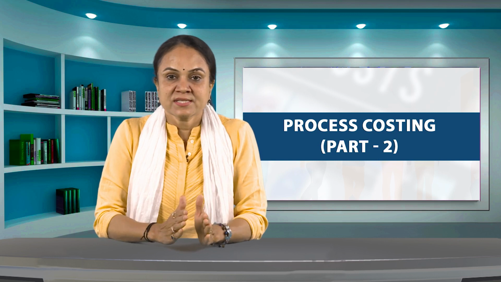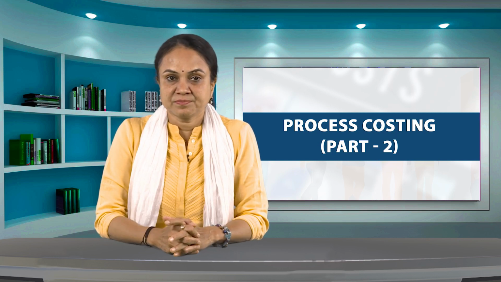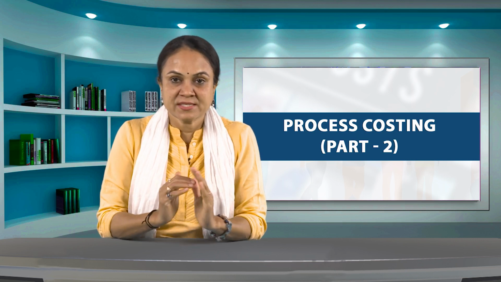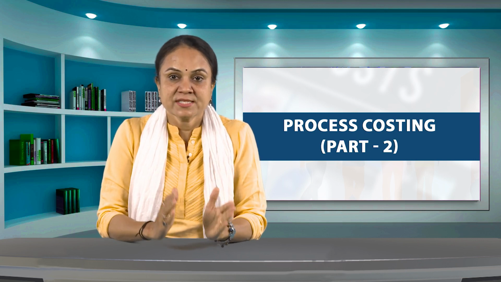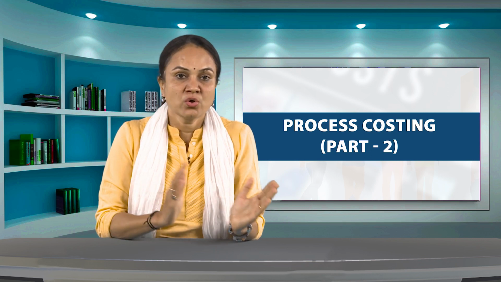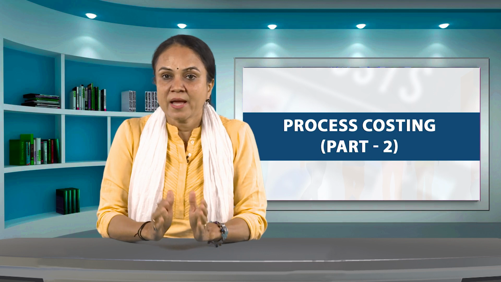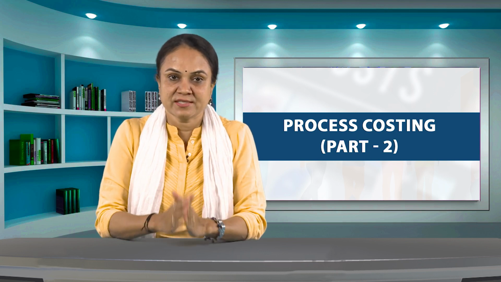Secondly, we will discuss abnormal loss. Let us understand abnormal loss or wastage. It is wastage in excess of normal expected wastage, which is known as abnormal loss or wastage.